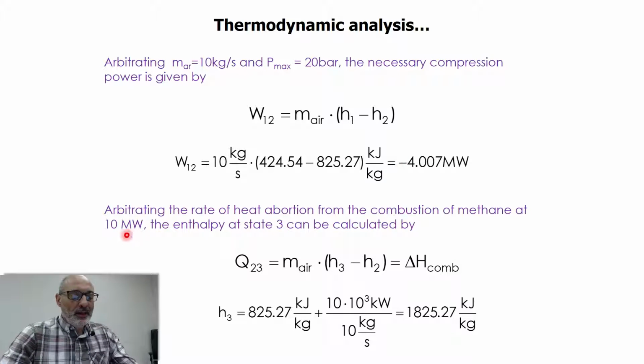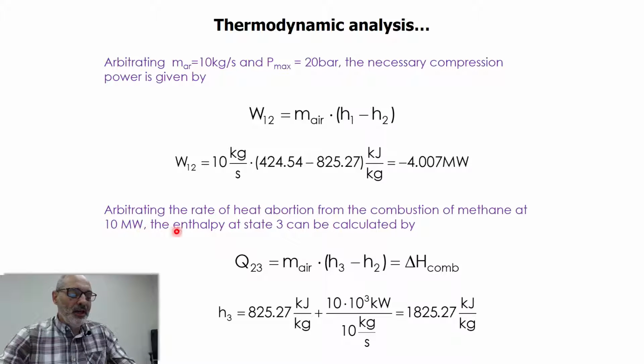Then, I did something differently here. I arbitrated here that the rate of heat absorption from the combustion of methane is 10 megawatts, okay? How do I do this? Just burn the necessary amount of fuel.